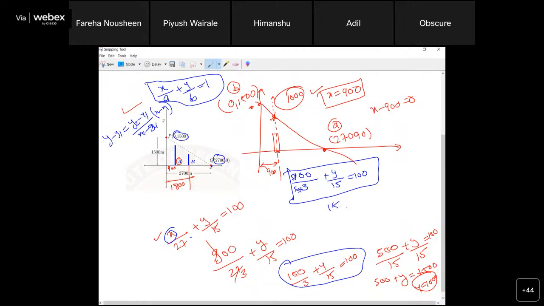You will get 1500 upon 15 plus y upon 15 equals 100. So 15 will go to this side. Sorry, it is 500, right? So 1000 is the answer. Here I have solved it. 1000 is the answer. Same thing you can do for the other tower also.